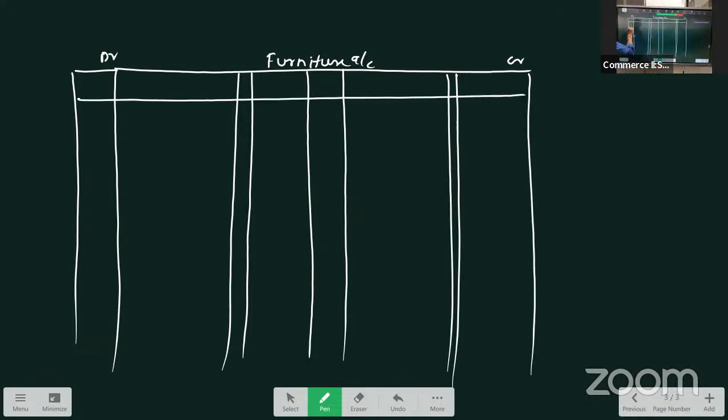What are the columns? Date, particulars, JF, amount. Date, particulars, JF, amount.